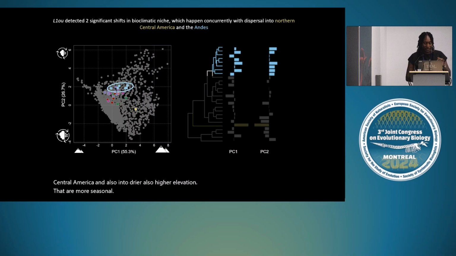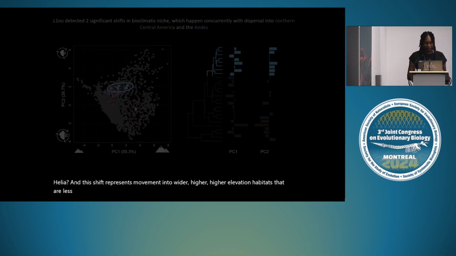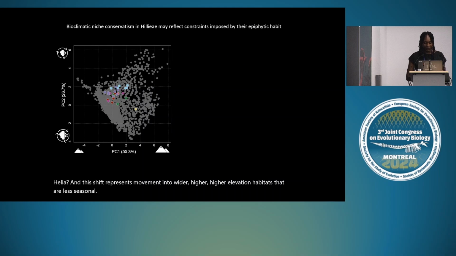L1OU also detected a shift within this Andean subclade of Hylia subgenus Hylia, and this shift represents movement into wetter, higher elevation habitats that are less seasonal. And so we see these 2 significant shifts in bioclimatic niche.